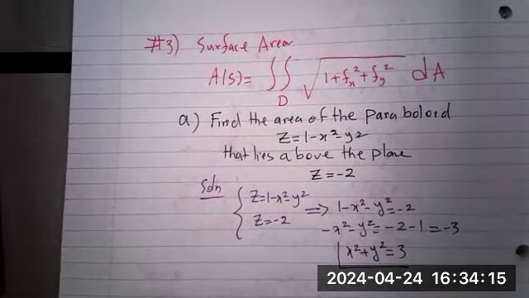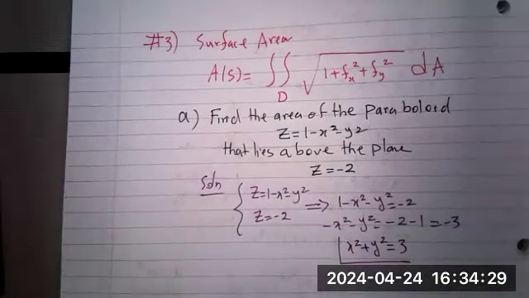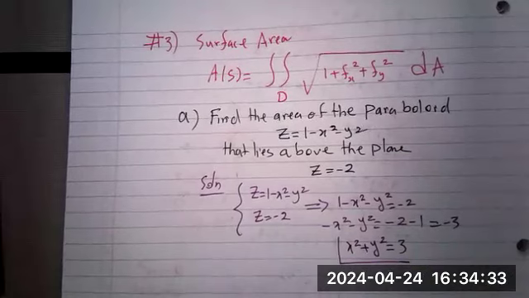This is going to be the projection, the region that you're going to integrate on. It's a projection of that part into two dimensions. So the D that you have to integrate on is just the circle centered at 0 with the radius of radical 3.